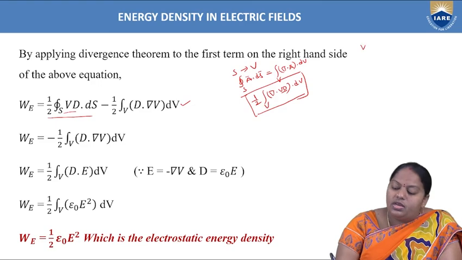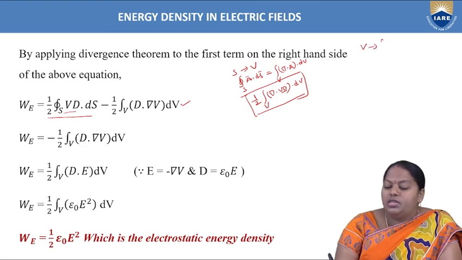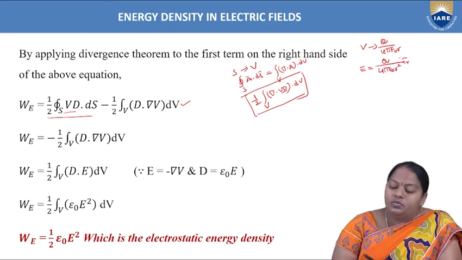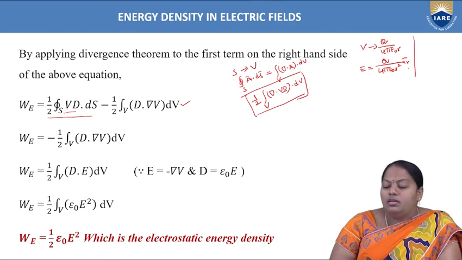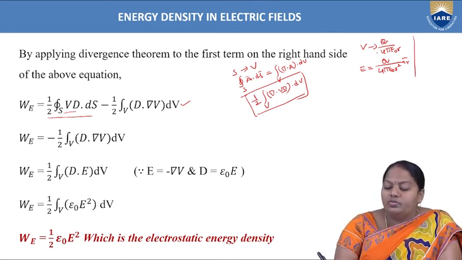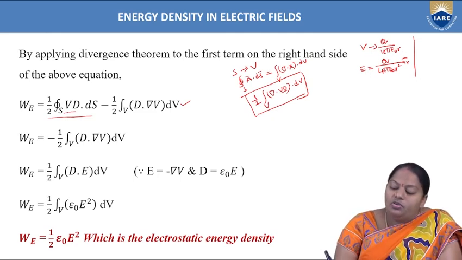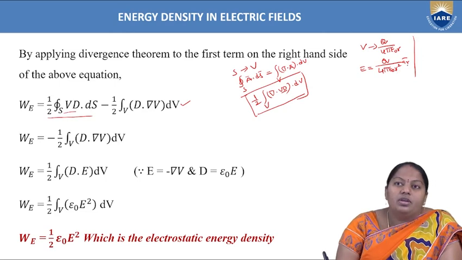For a point charge, the potential V is given by Q by 4 pi epsilon naught R, and the electric field intensity E is given by Q by 4 pi epsilon naught R square into AR. So for a single charge, V equals Q by 4 pi epsilon naught R is for the potential, and E equals Q by 4 pi epsilon naught R square into AR is for the electric field intensity.